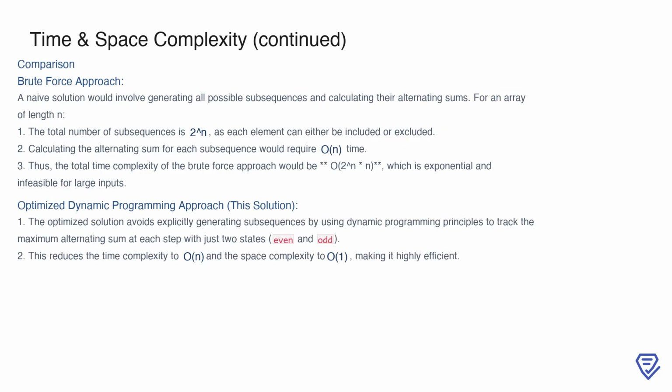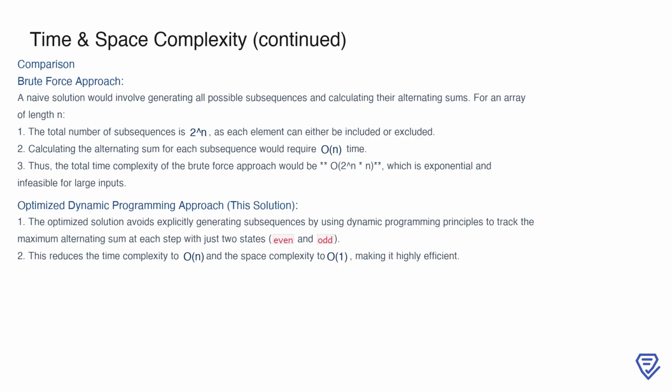A comparison with the brute force approach highlights the efficiency of this optimized solution. The naive method would involve generating all possible subsequences of the array, which is computationally expensive because the total number of subsequences for an array of length n is 2 to the power of n. Evaluating the alternating sum for each subsequence would further require n time, leading to an overall time complexity of 2^n * n.